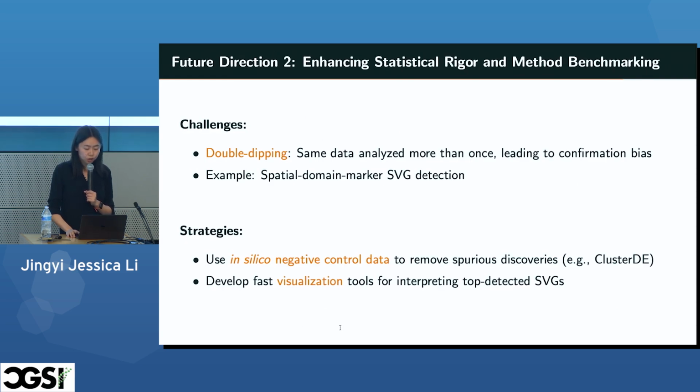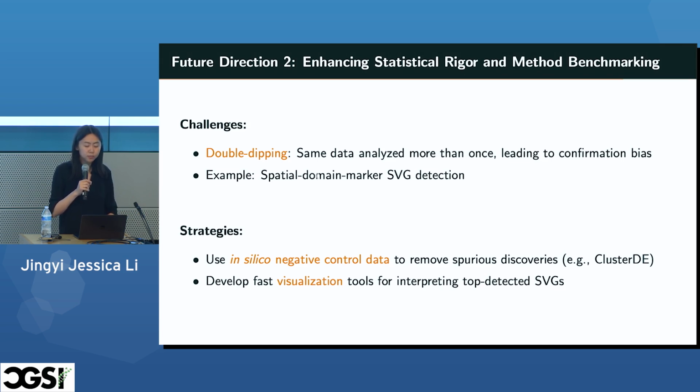The second future direction I see is the possibility to enhance the statistical rigor and method benchmarking. Statistical rigor has been the focus in my group. In particular, this double dipping issue, which I see is actually widespread in both single cell and spatial data analysis. What it means is that you analyze the same data more than once, and there's a potential confirmation bias.